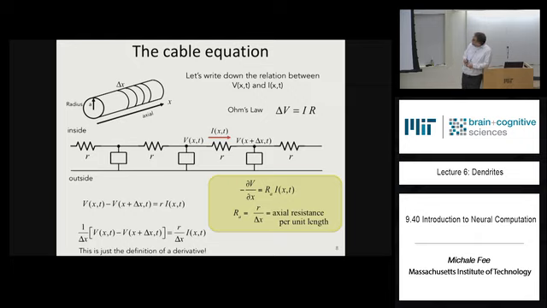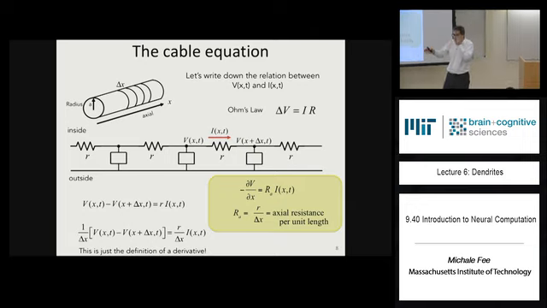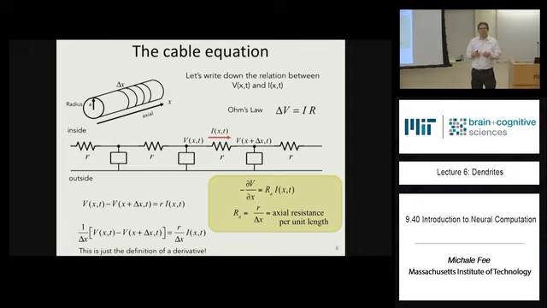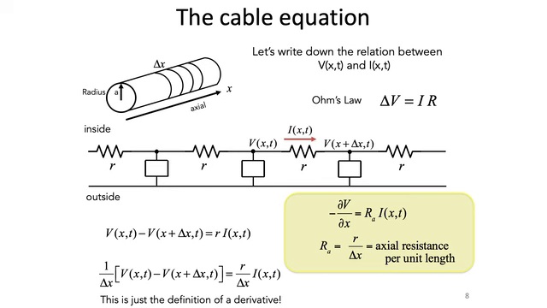Now notice that if you pass current down that dendrite, the voltage drop is going to keep increasing. The resistance is going to keep increasing the longer that piece of dendrite is, so you can think about resistance in a piece of dendrite more appropriately as resistance per unit length. So there's Ohm's law: minus dV/dx equals axial resistance per unit length times the current.